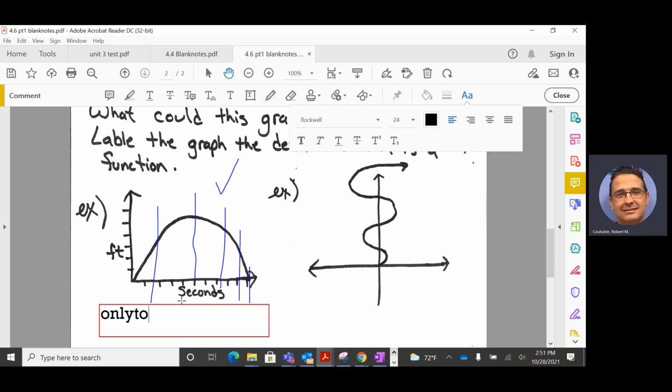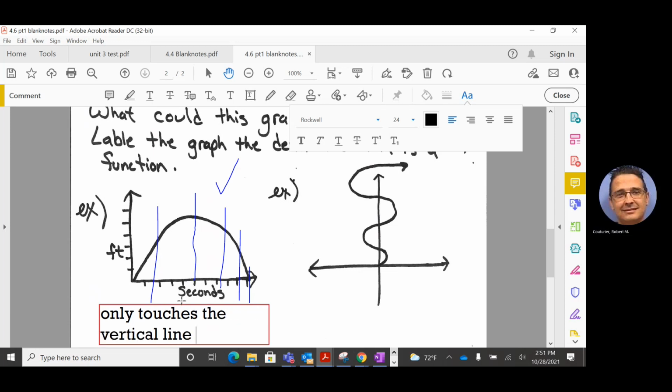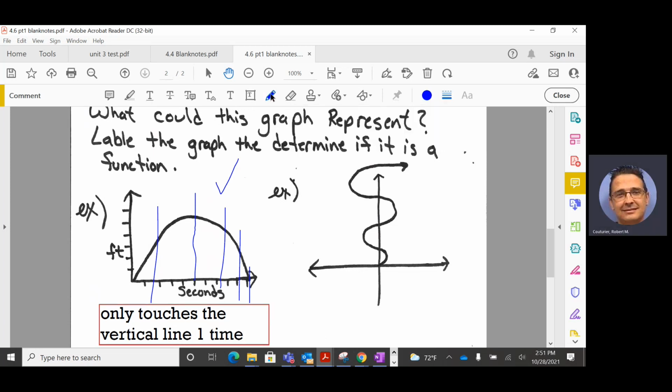Only one time. Notice on this one here, if we were to go through and draw a vertical line here, it touches 2 times. Here, it touches 2 times.